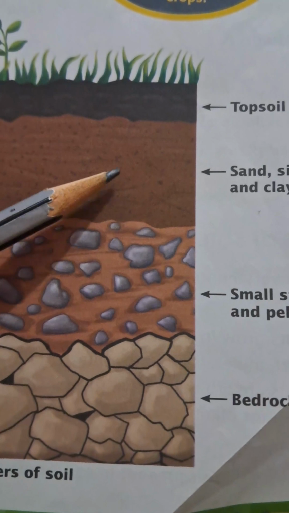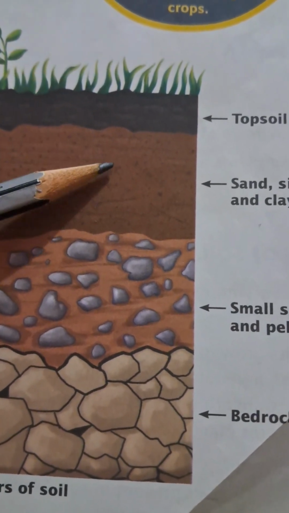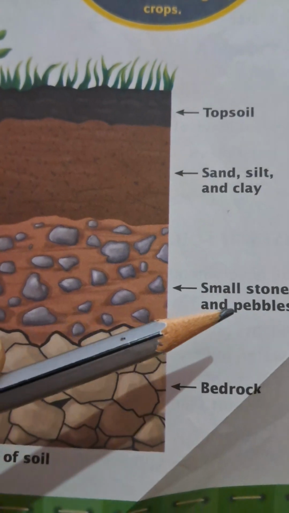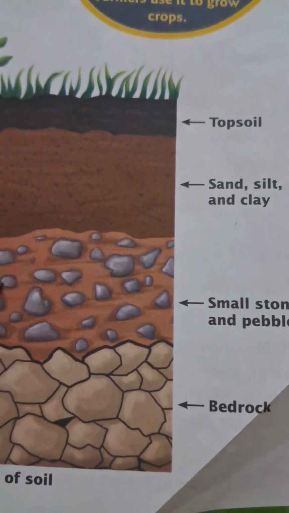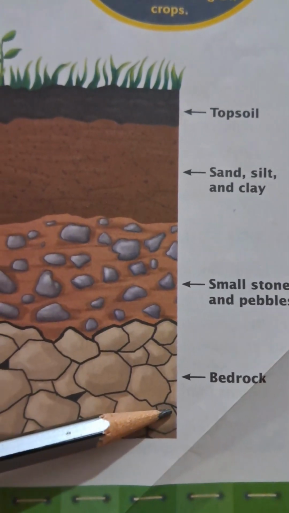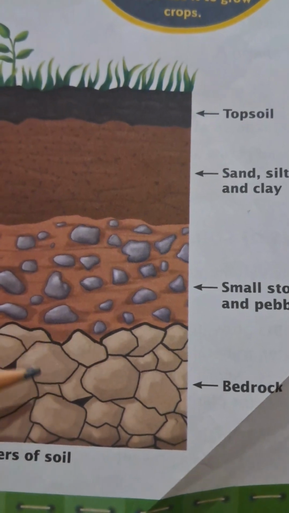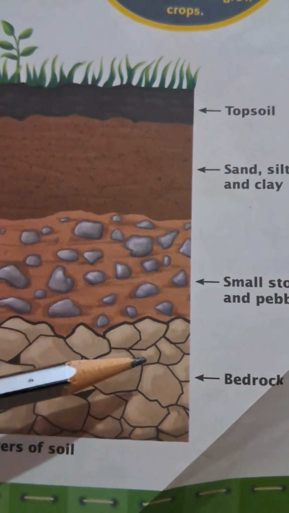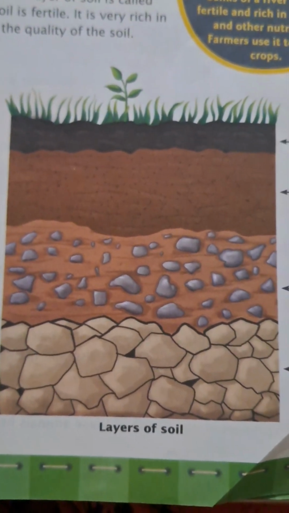This consists of fine pieces of rocks. Next we have small stones and pebbles. Pebbles are small and smooth stones also. After that we will get the bedrock. In the bedrock area, if we dig the soil, we will get big rocks like this. This is what the layers of soil are.